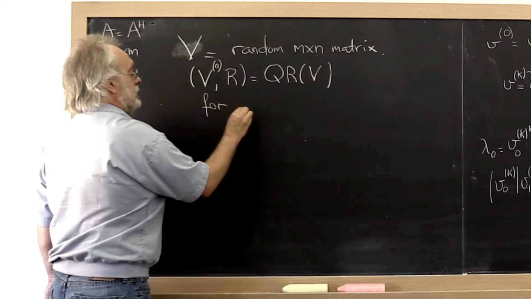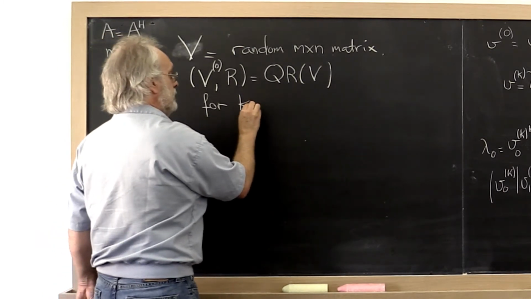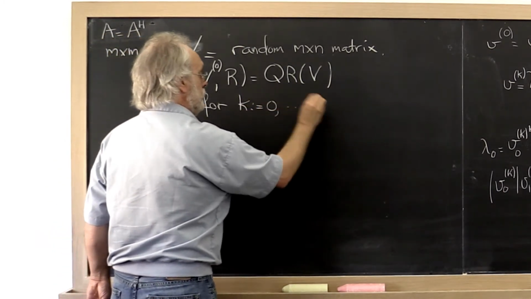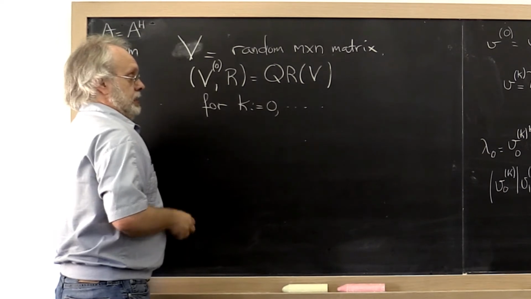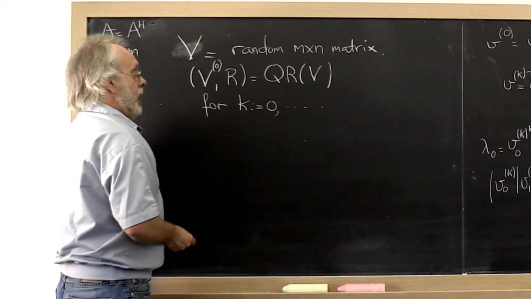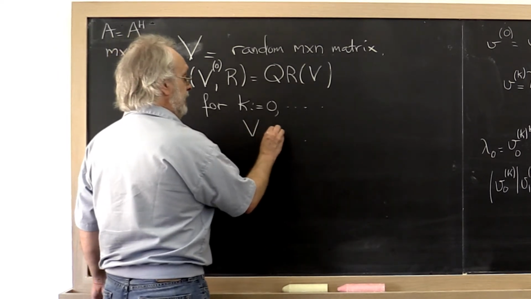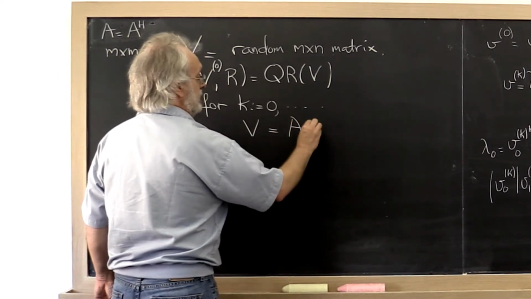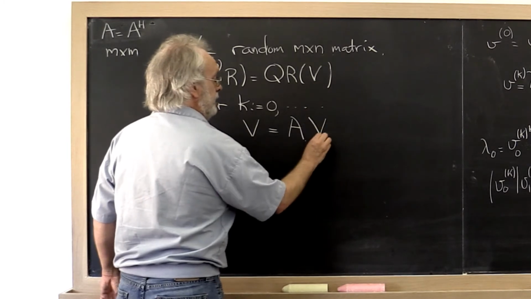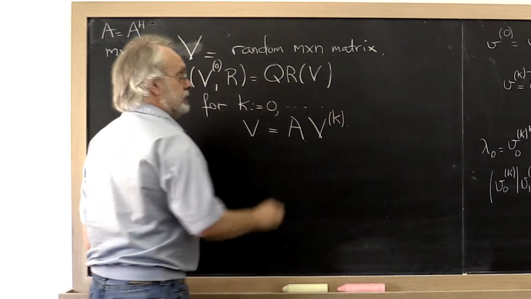Then, until we converge, we can let k go from 0 to whenever; those are our iterations. What do we do first? We create a temporary matrix V equal to A times the matrix V_k.